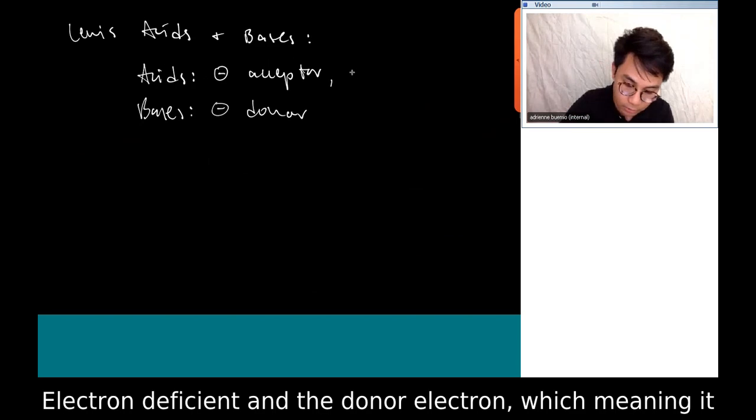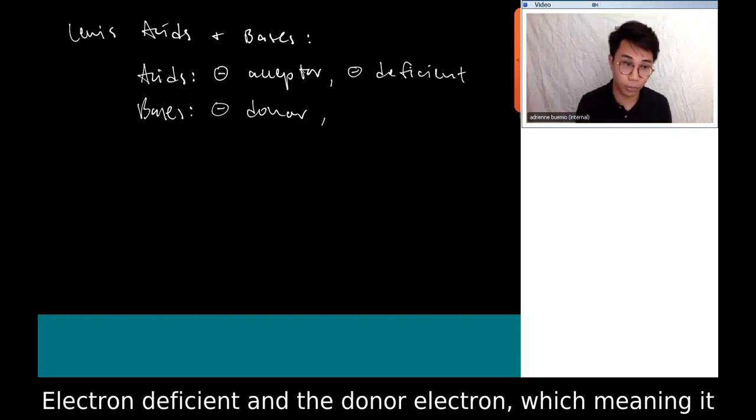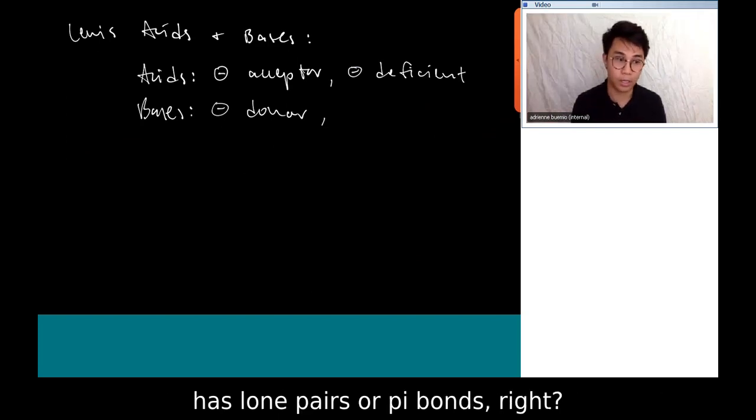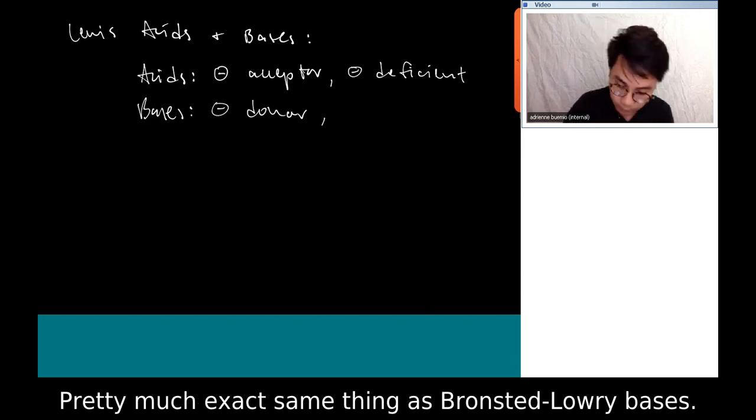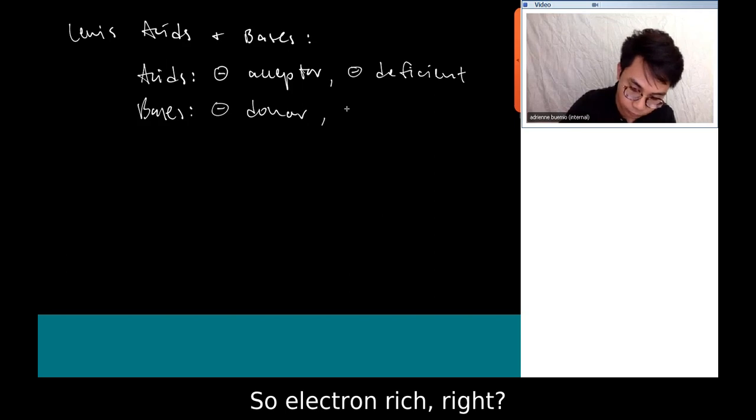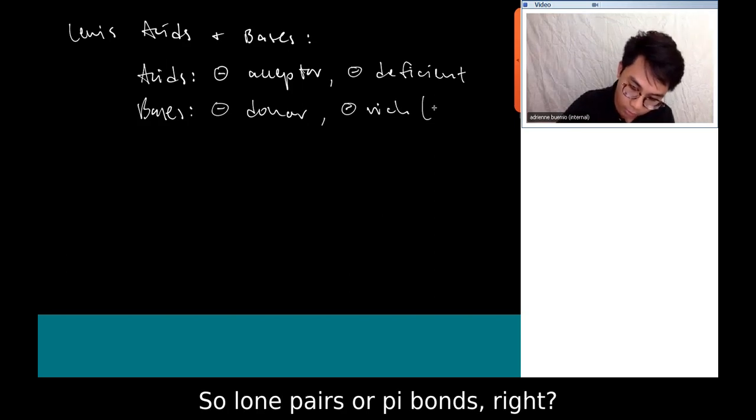Electron deficient, and the donor is electron rich, meaning it has lone pairs or pi bonds, right? Pretty much the exact same thing as a Bronsted-Lowry base. So electron rich, lone pair or pi bond.